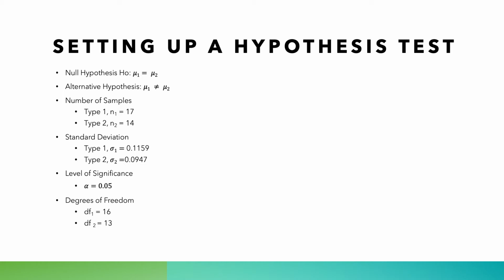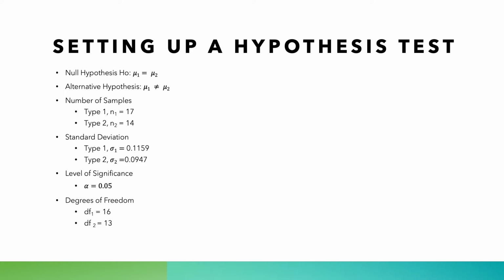To set up our hypothesis test, we first need to establish the null hypothesis, which is that the mean of data set 1 will be equal to the mean of data set 2.